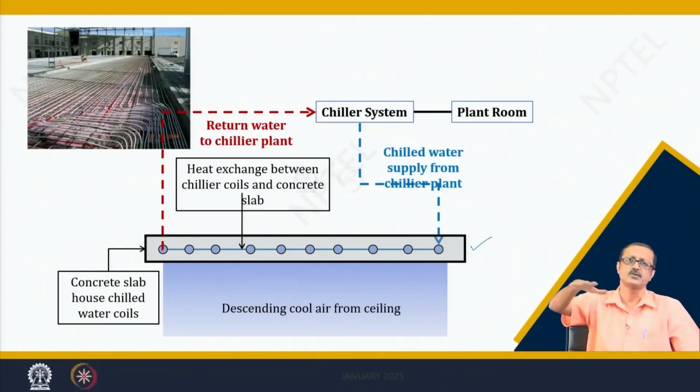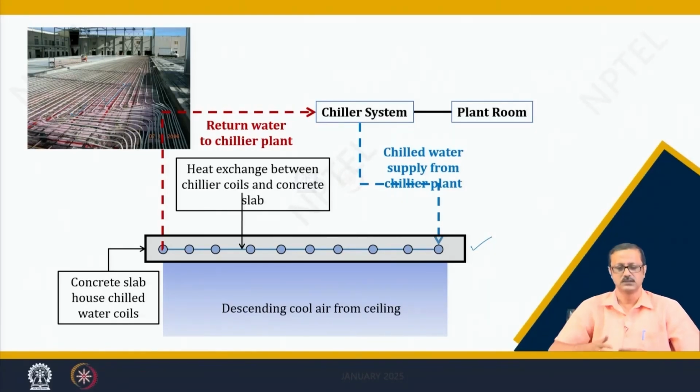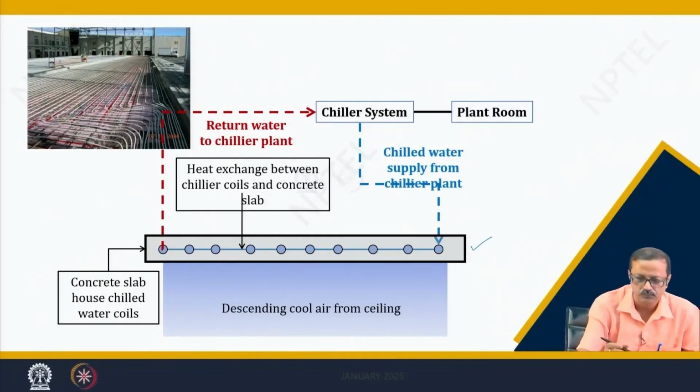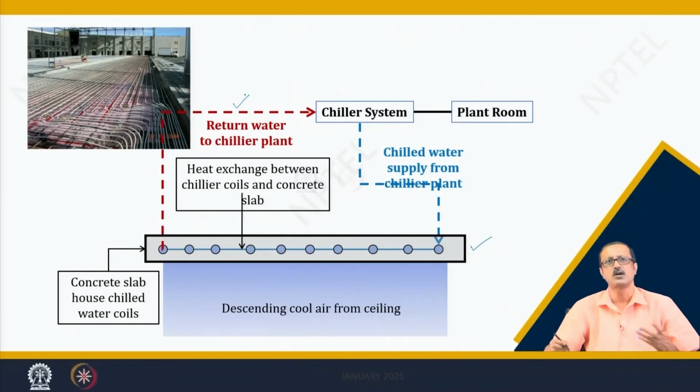By virtue of this process, when the chilled water is returned back to the plant, which I have shown with the red dotted line, it will be a little bit hotter.